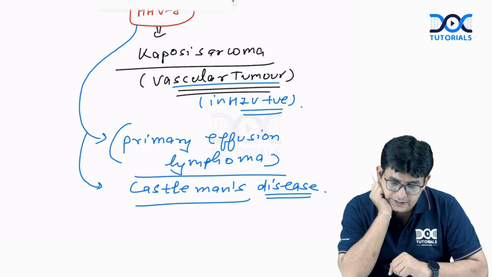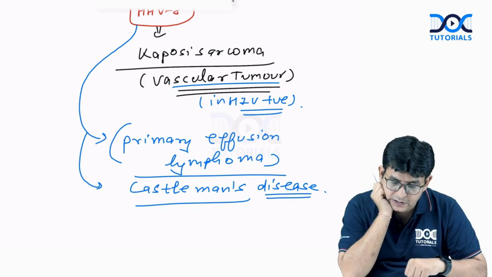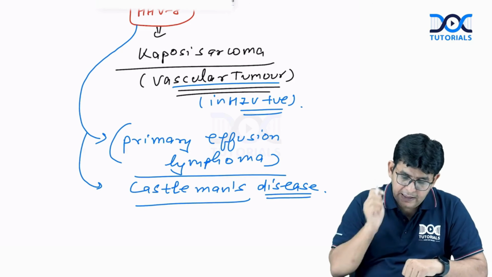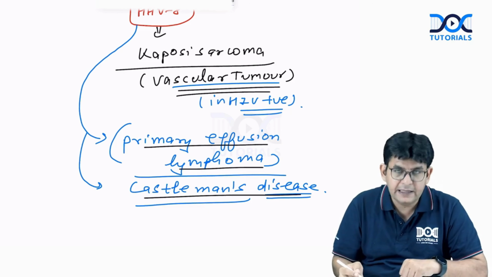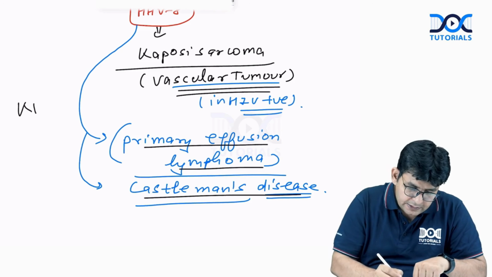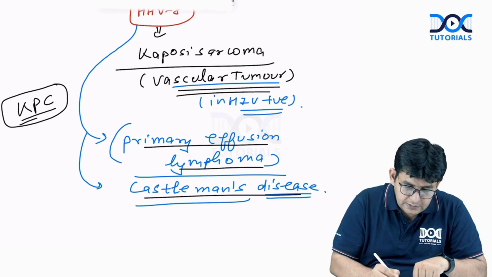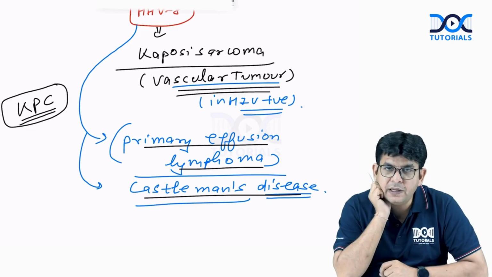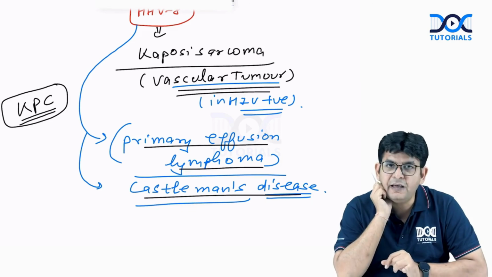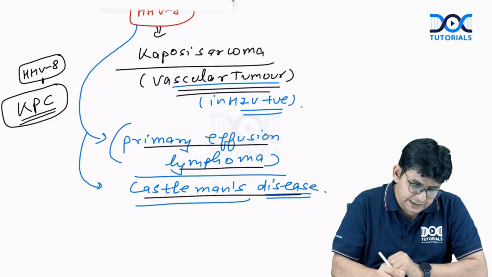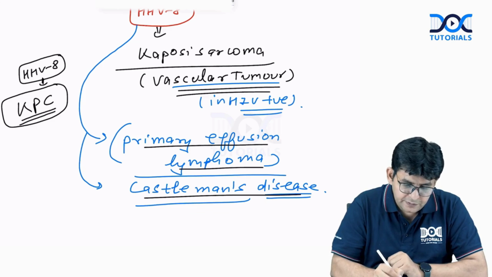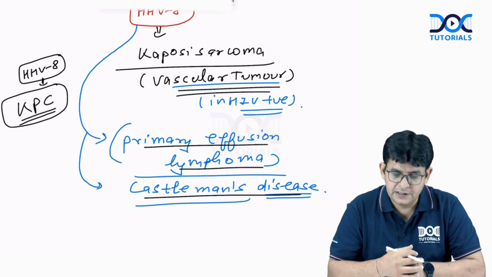So HHV8 leads to Kaposi sarcoma, that is the vascular tumor in HIV positive. And along with that, it also associates with primary effusion lymphoma and Castleman's disease. The acronym for that as a mnemonic you can remember: KPC. HHV8 leads to KPC. That is Kaposi sarcoma, primary effusion lymphoma and Castleman's disease.